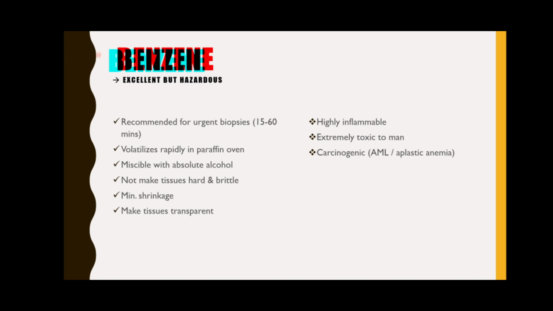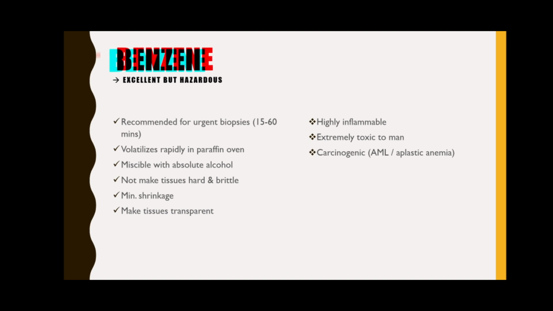But the disadvantages in using benzene is that aside from it being highly inflammable, if a section is left in benzene for a long time, there is considerable tissue shrinkage that may be observed. Hence, tissues should be transferred to paraffin wax as soon as possible.